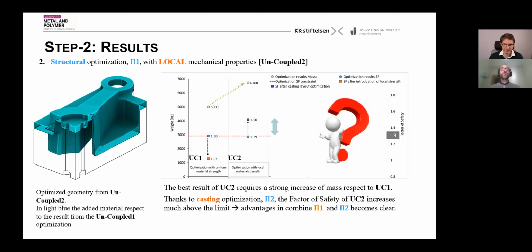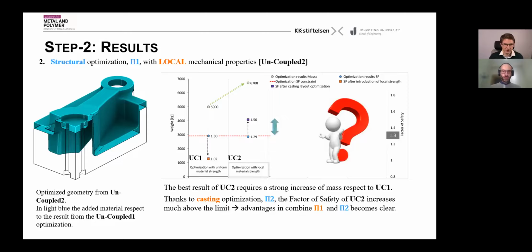So the optimization, as I mentioned before, is also driven by the local properties. But there is no optimization of the casting process. It was just a standard casting process that we discussed with the founder at that time.